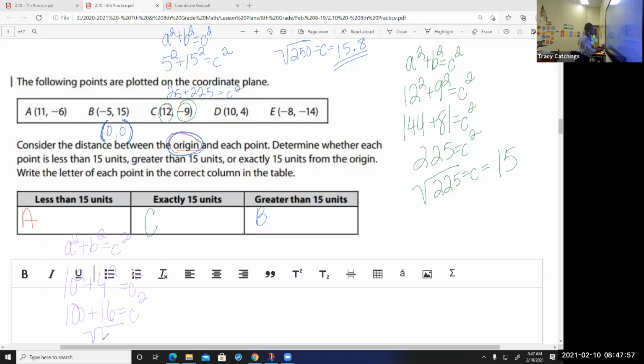All right, so then the square root of 116. All right, so put that in the shape.